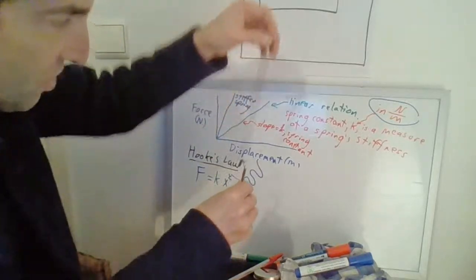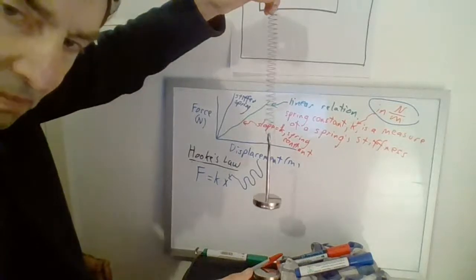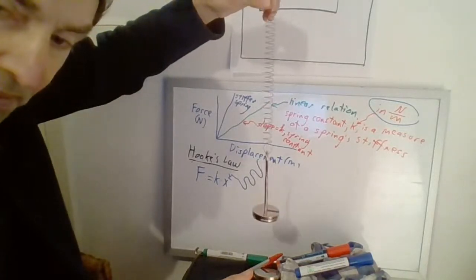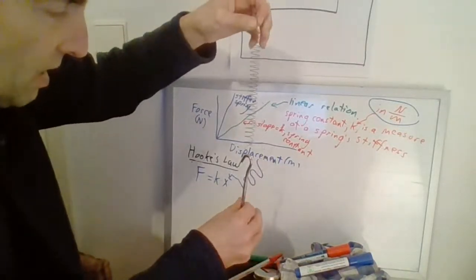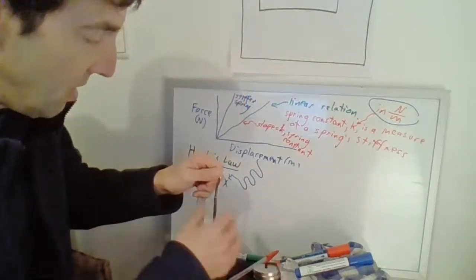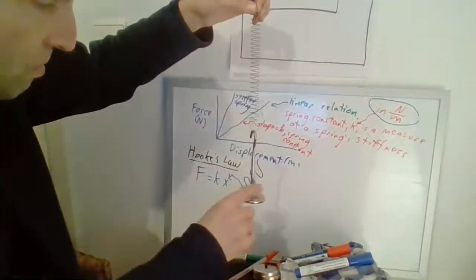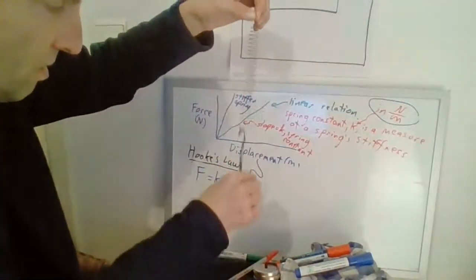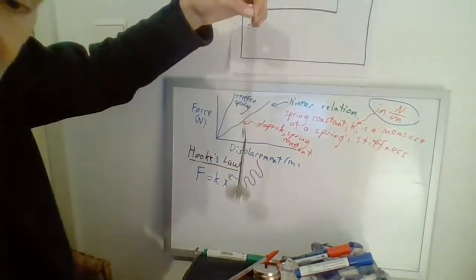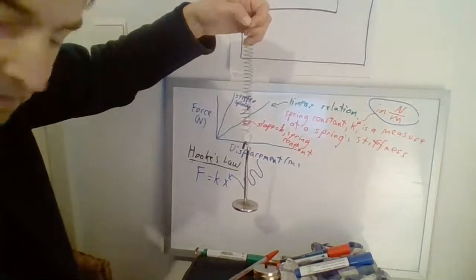I'm going to make it oscillate again. Is it more or less frequent now? I'll take even more mass off while you're writing. I can't even get it going. There we go. More or less frequent, the oscillation?